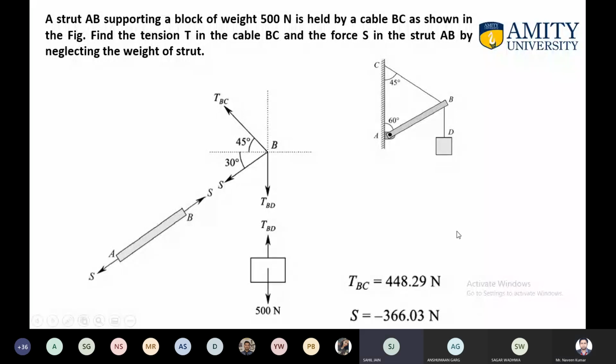Sir, the strut force also has to be found, TBC has come. Yeah, just work it out and then tell me. Sir, S I got 366.3. Yeah, is it positive or negative? Negative. It's okay, fine. Good.